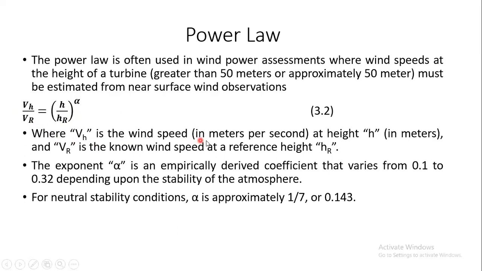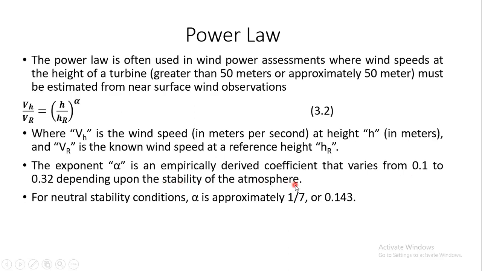VH is the wind speed in meters per second at height H in meters, and VR is the wind speed at the reference height, particularly the required height that we want for the wind tower of the power plant. The exponent alpha is an empirically derived coefficient that varies from 0.1 to 0.32 depending upon the stability of the atmosphere.